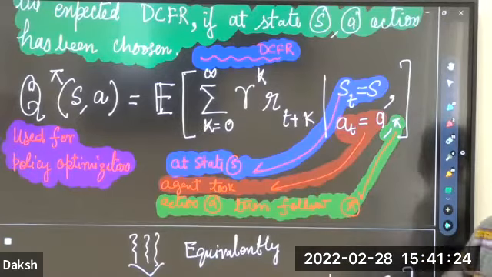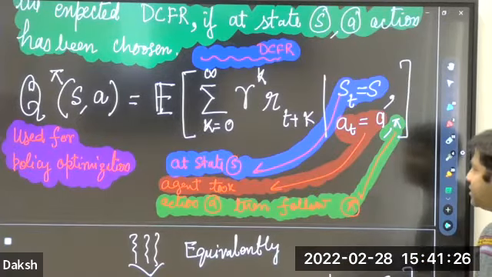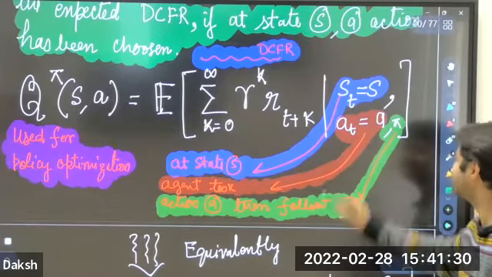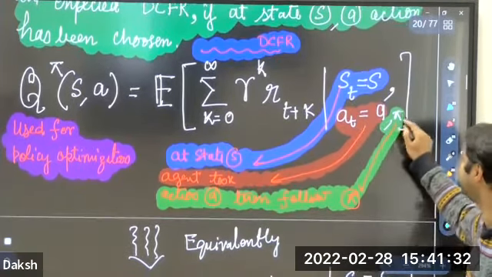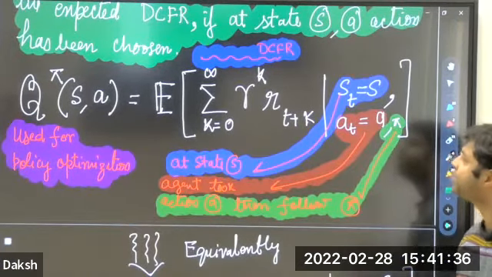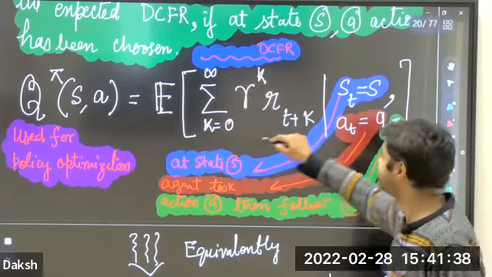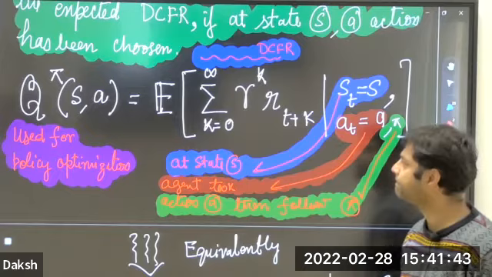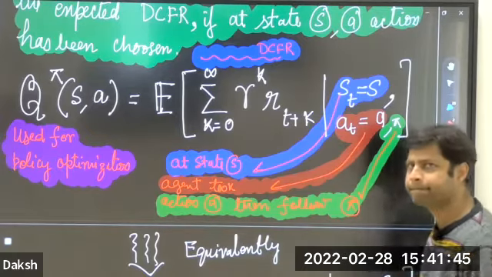That is the neat and clean way to write it: given ST equal to S, AT equal to A, given pi, because after that I'm going to follow the pi, what is the expected DCFR that I am going to get? Okay.